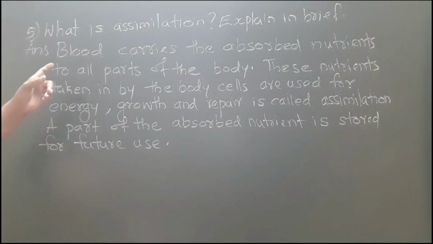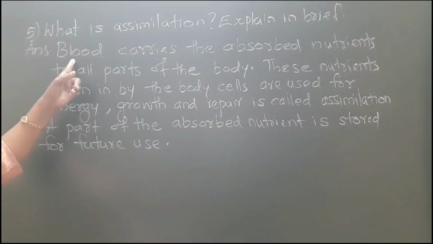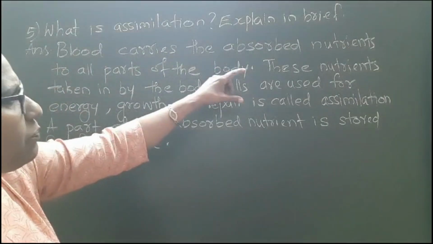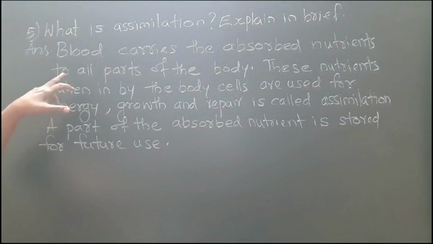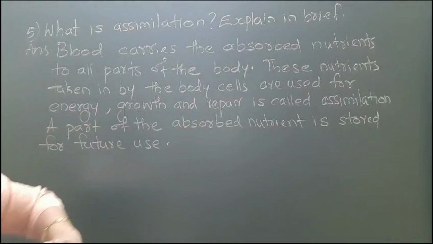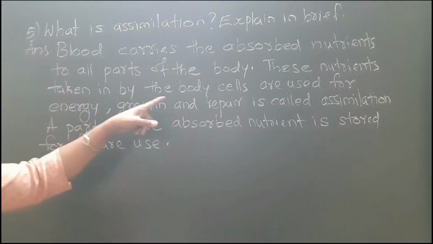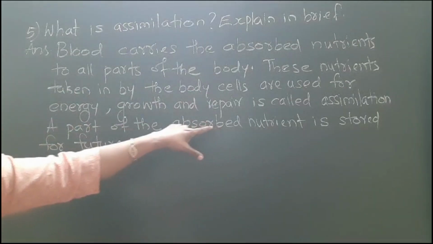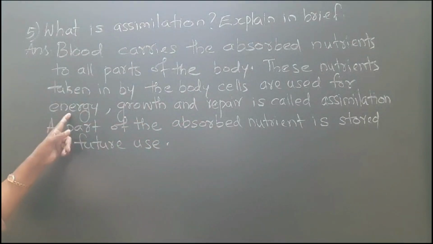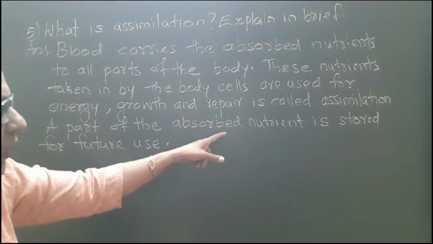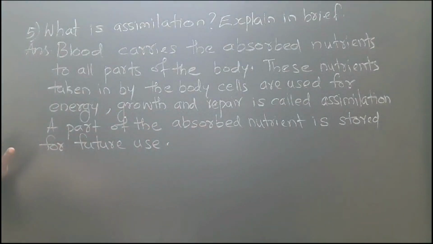Once they enter the bloodstream, the blood carries these absorbed nutrients to all parts of the body. These nutrients taken in by the body cells are used for energy, growth and repair. This process is called assimilation.